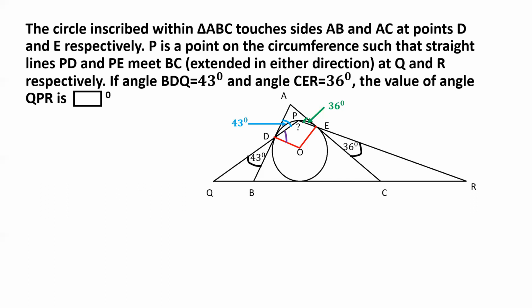Angle ADP and angle PDO, the angle marked in purple, should add up to make the whole angle ADO, which is 90 degrees. So angle ADP plus angle PDO must be equal to 90 degrees. But we already know what angle ADP is, which is 43. So that makes angle PDO equal to 90 degrees minus 43 degrees, which comes to 47 degrees.